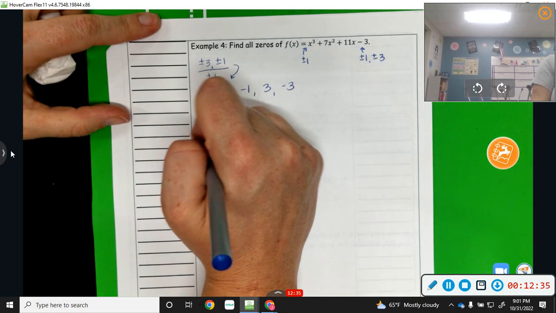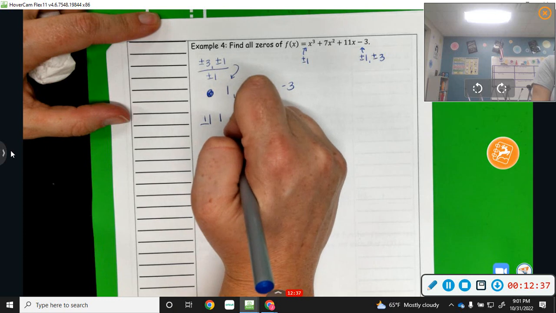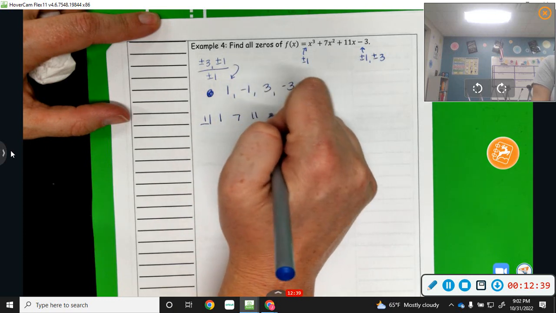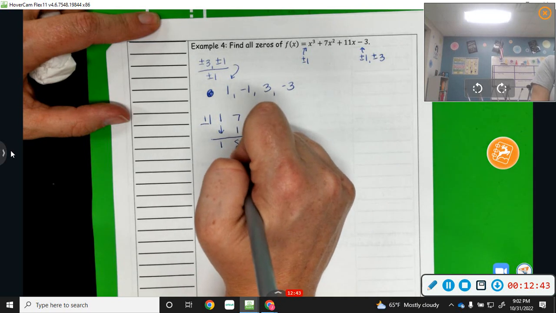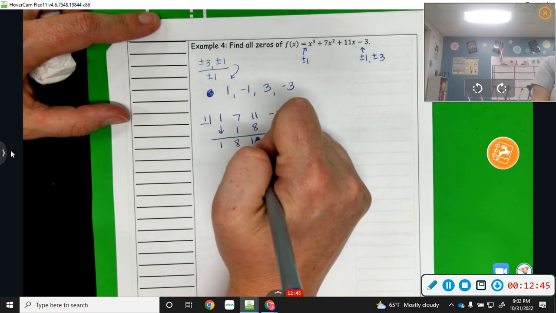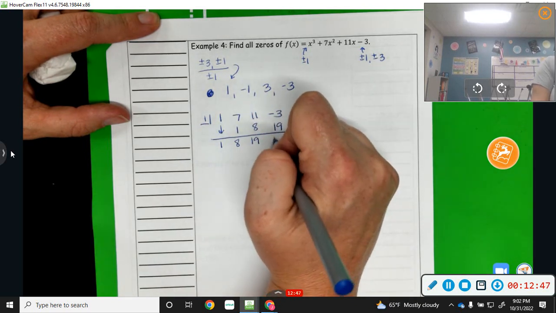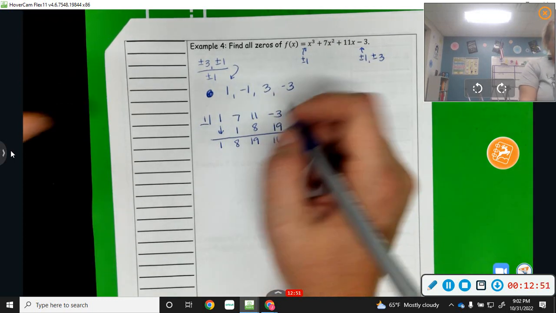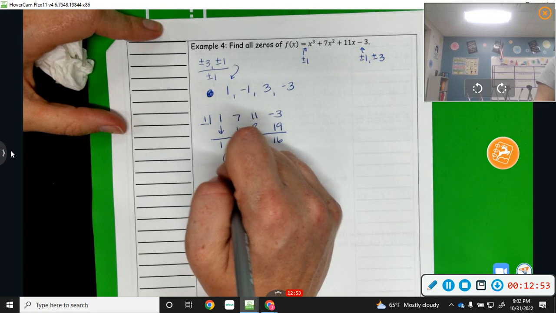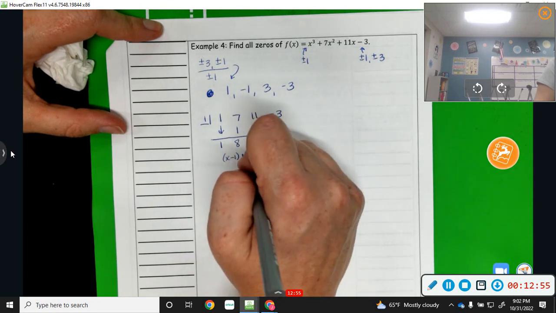So we'll put our 0 in here, and we're going to test it. This comes down, 8, 19, and 16. X minus 1, not a factor.